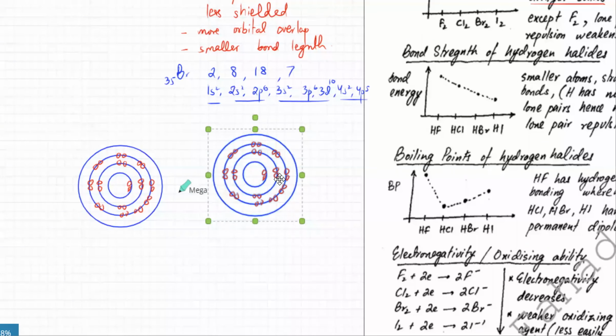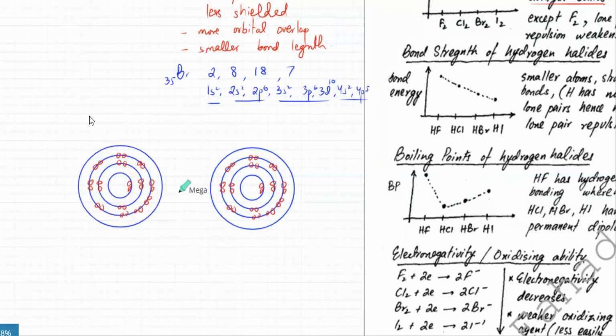The only thing I'm trying to explain here is that bromines are going to form, this is the outer shell. Both bromines would form a covalent bond and they will form a diatomic molecule. But the thing is that the positive nuclei are so shielded that they're not really interested in each other's electrons.